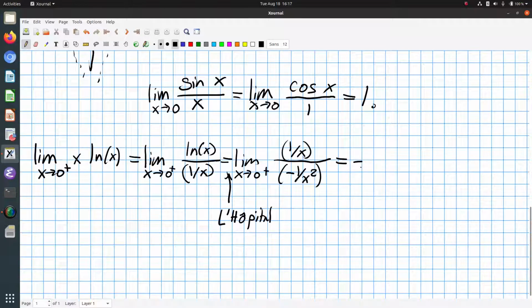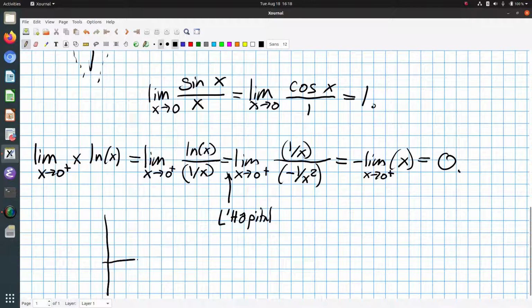And in fact, notice that 1 over x squared in the denominator is really an x squared in the numerator. So after a little bit of rearranging, we'll find out that this is just x. And of course, no problems here. This is 0. So what this means is if you try to plot x times the natural log of x, as x goes to 0, it becomes 0.